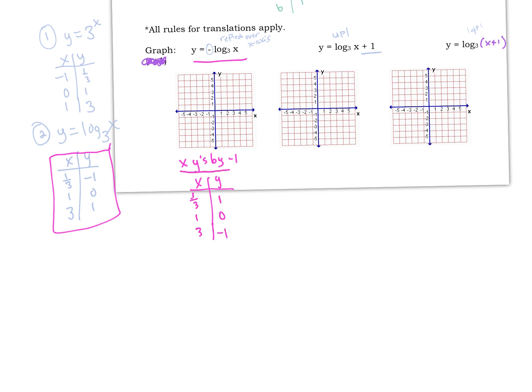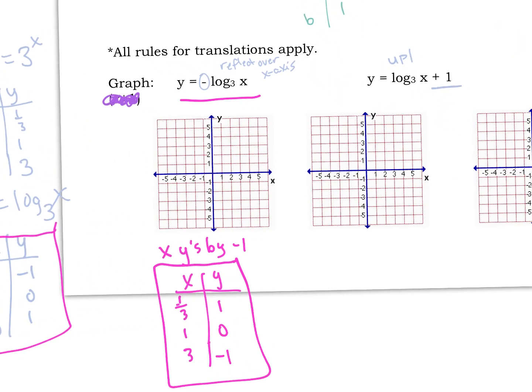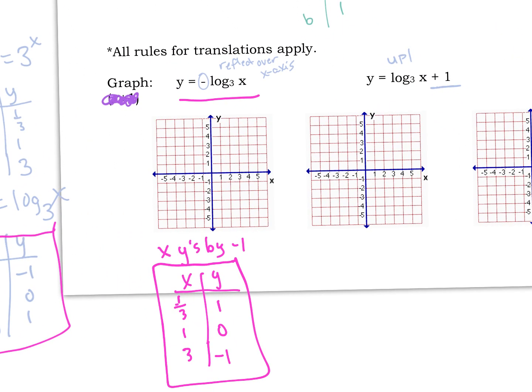So this is my new table that I'm going to use in order to graph this graph. So I'm going to go 1/3 and over 1. And then I'm going at 1, 0, and then 3, -1.